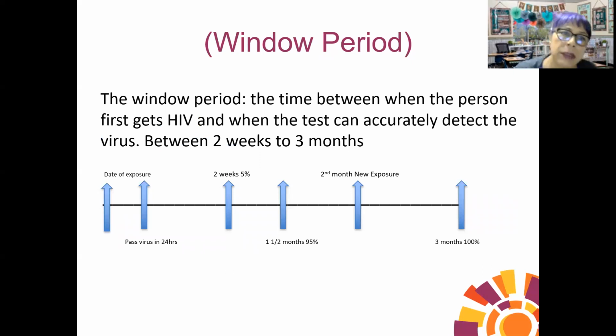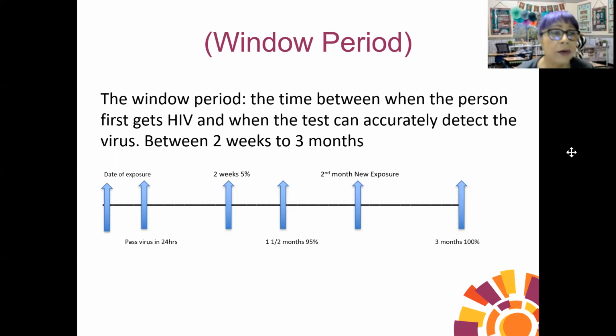However, this is how humans are. If they get a negative at 1.5 months, usually people go, yay, I don't think I have it. And sometimes they go out and get a new exposure. So if somebody gets a new exposure and they get a negative result at 3 months, that's only a result that's going to tell you what happened the very first time. For the second exposure, you're going to have to wait another 3 months to find out what happened during that time.